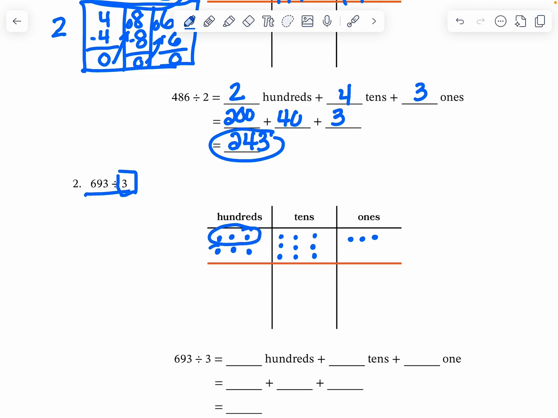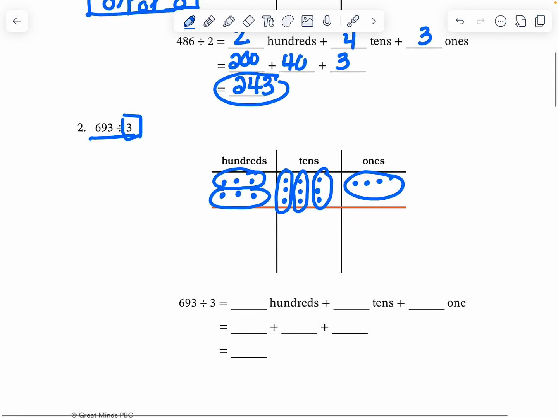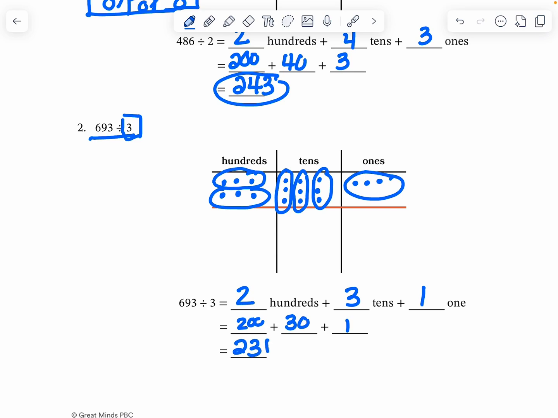One group of 3, another group of 3, 1, 2, 3, and 1. So that gave us 2 hundreds, 3 tens, and 1 group of ones. 200, 30, and 1. That's 231.